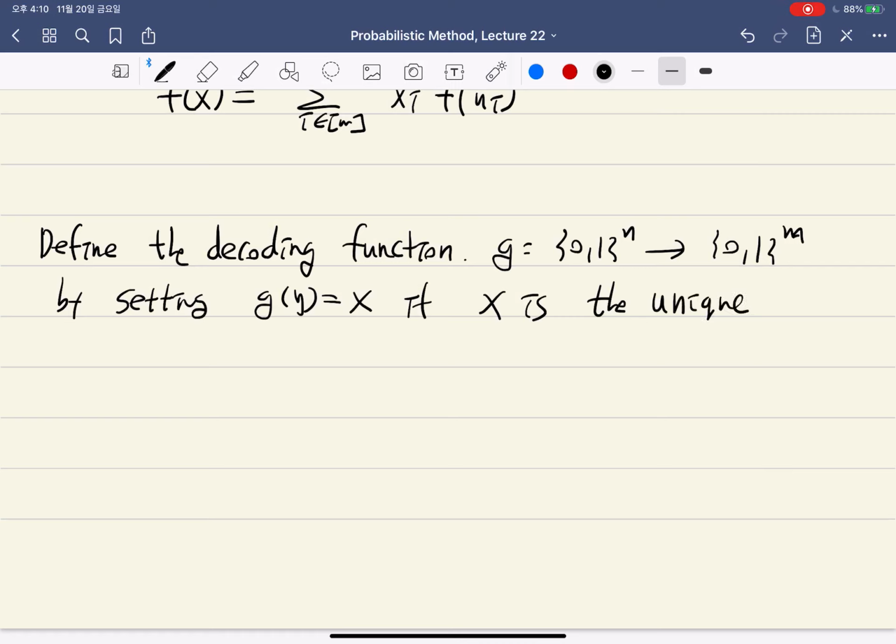But if there is more than one such choice, then we have a failure, because in that case there is no good way to distinguish whether it's coming from x or x prime.